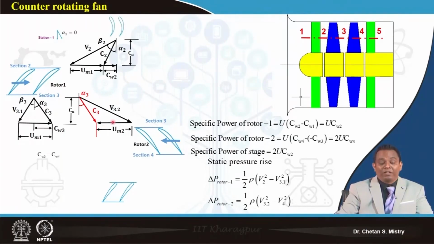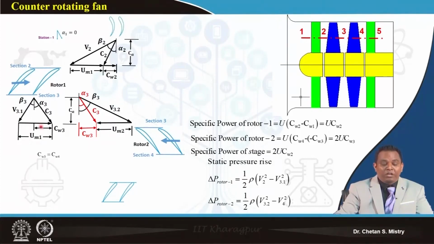The relative velocity at the entry of rotor 2, V3.2, is larger compared to the exit condition of rotor 1. This is because of the whirl component coming out of the rotor, which gets added up.